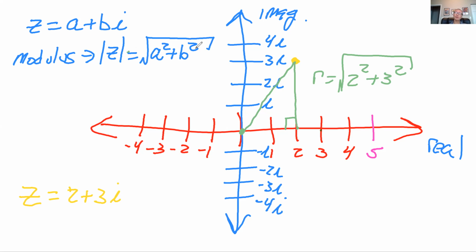So you'll see that when we do representations of complex numbers in the polar plane or the trig representation, that's what our r value will be for that representation. So just to finish this, that would be what? Square root of 13, 649. Yeah, so that would be square root of 13.